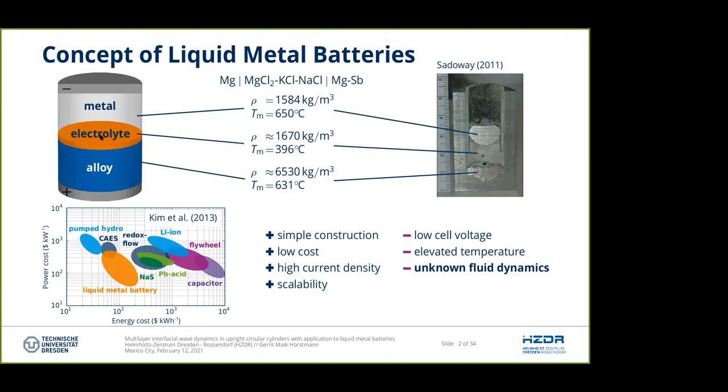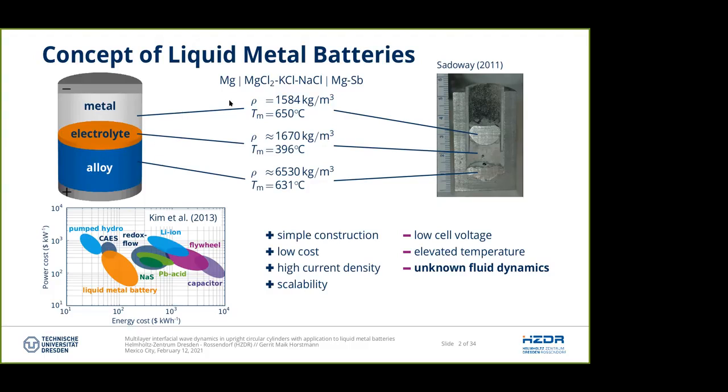And if we combine an ion conductive electrolyte and sandwich it between 2 suitably chosen liquid metals, one of lower density floating on top and one liquid metal or alloy with a higher density filling the bottom space, this 3-layer system will naturally form a simple concentration cell. So then we have a battery.